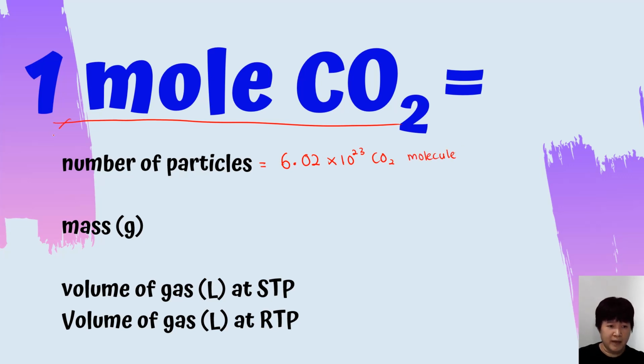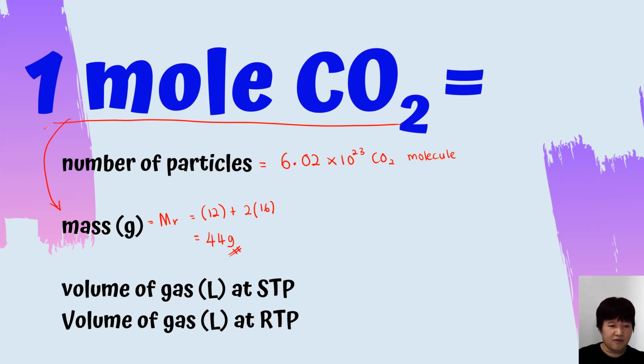How about mass? 1 mole of carbon dioxide is equal to the relative molecular mass, and the relative molecular mass of carbon dioxide is the mass of carbon plus the mass of oxygen, so if I have 1 mole of carbon dioxide gas, I have 44 grams of carbon dioxide.